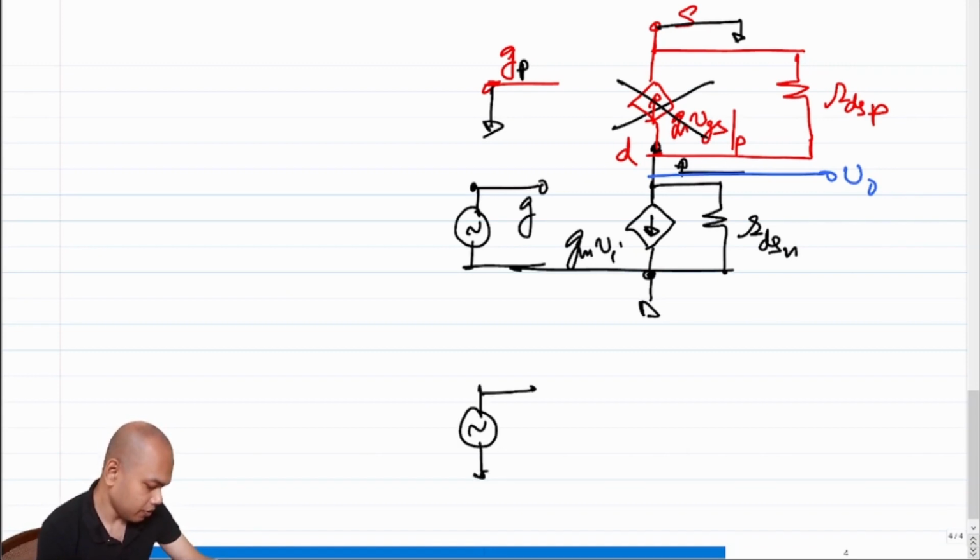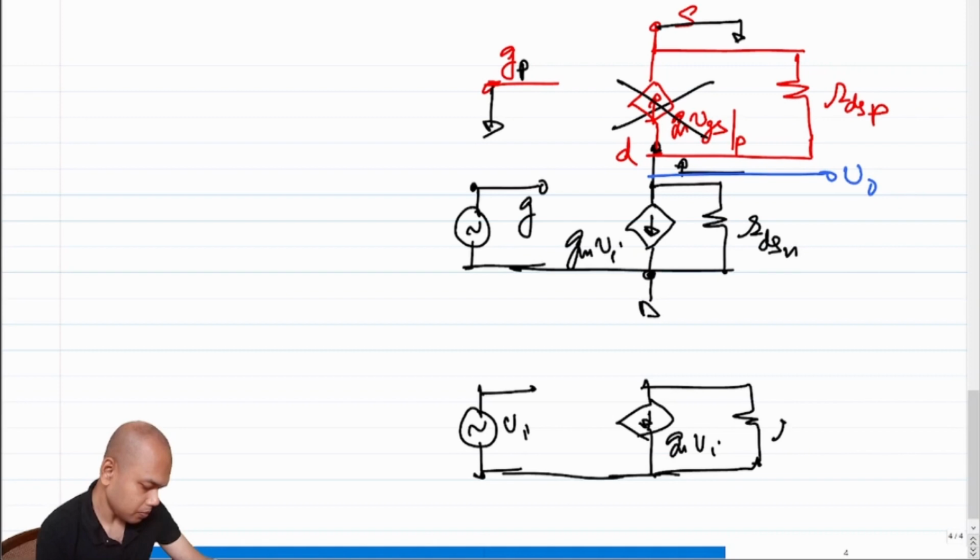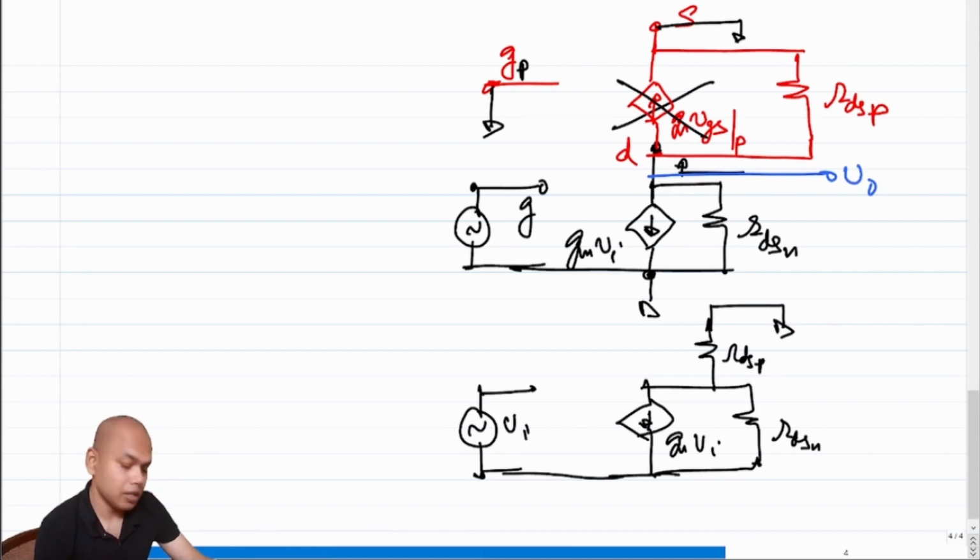I get Vi here, GMVi here, RDSN here, and on top I get RDSP, and the other side is incrementally grounded.